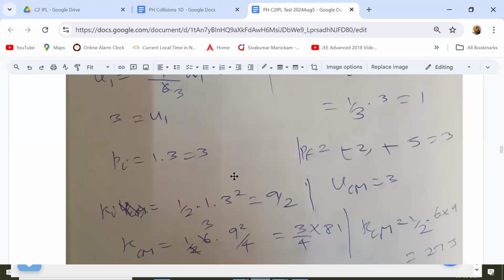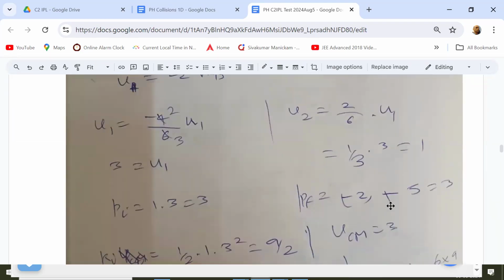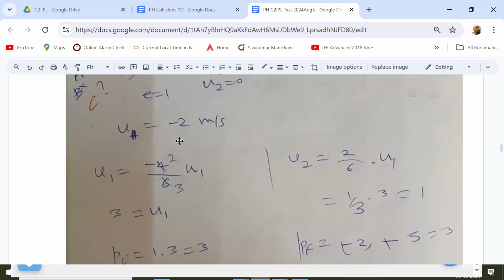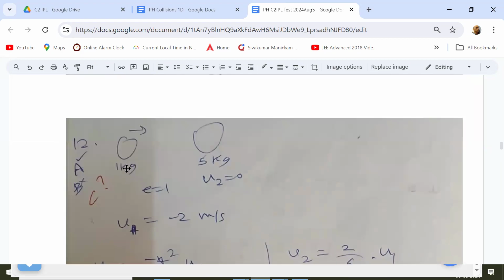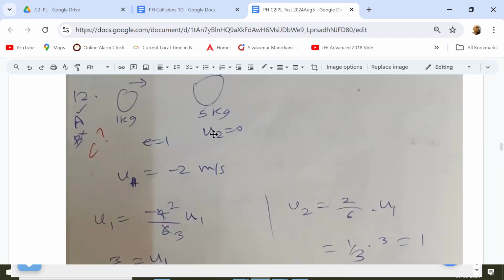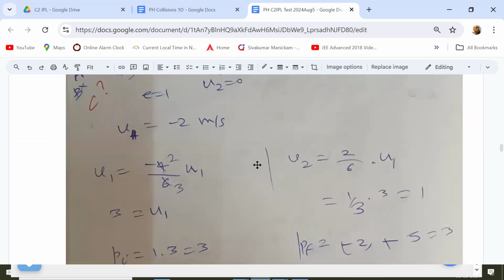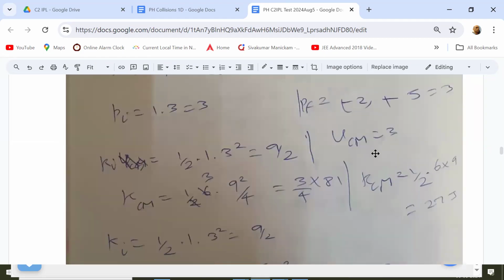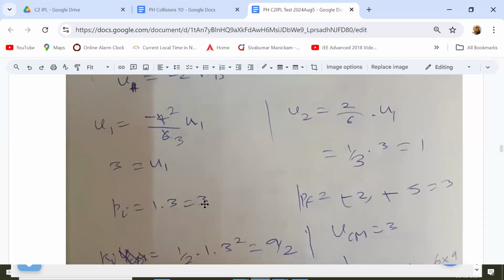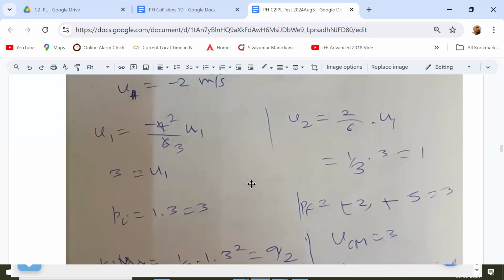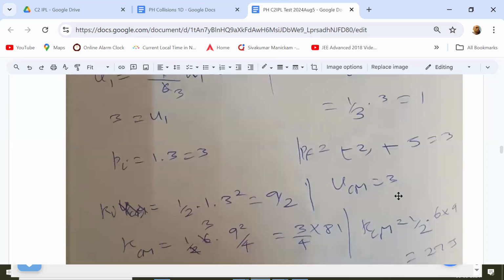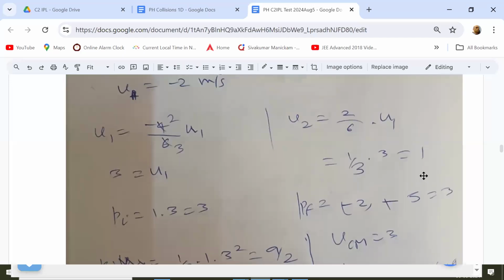The velocity of center of mass initially is 3, right? If you use the final velocities, V1 is -2 and V2 is plus 1.